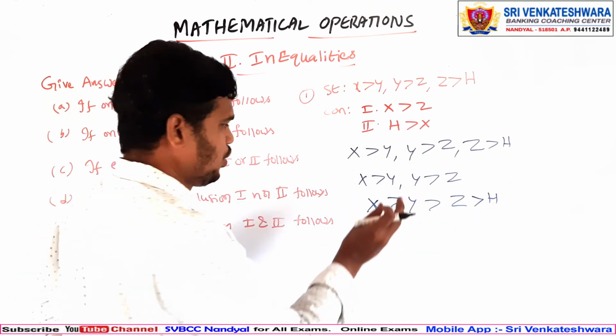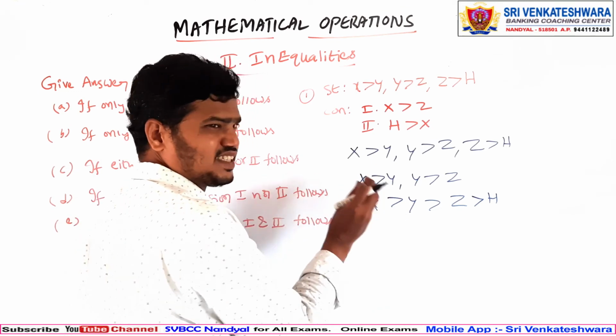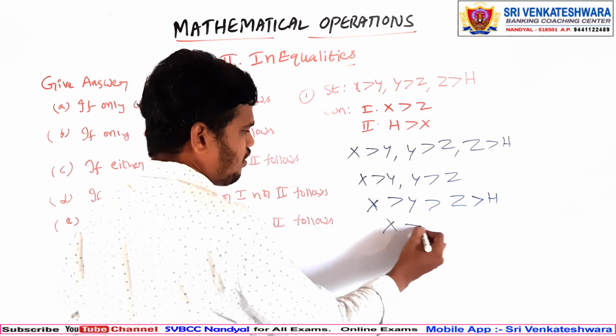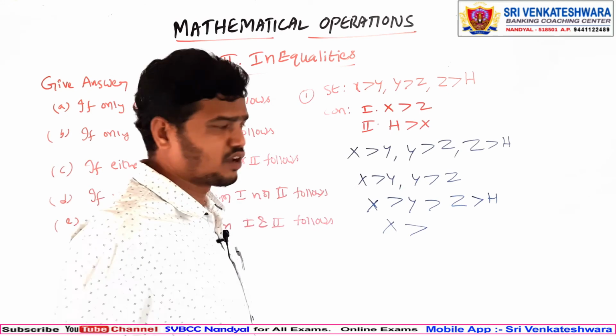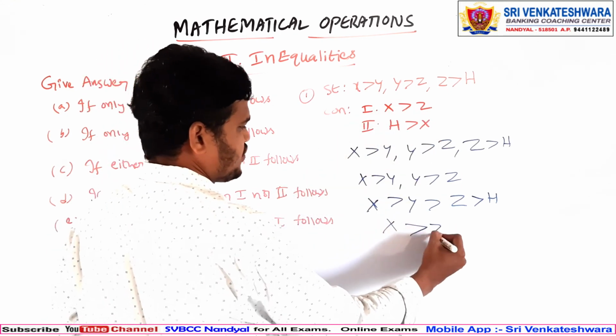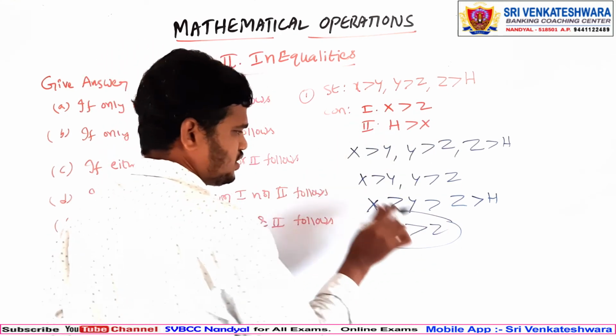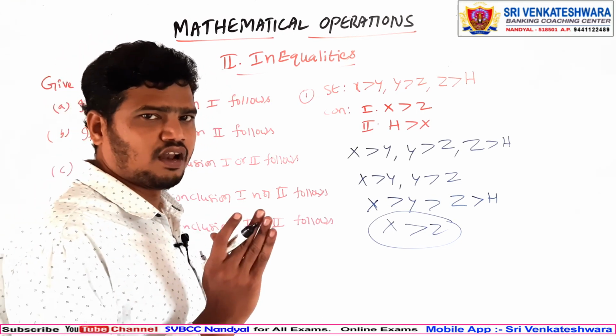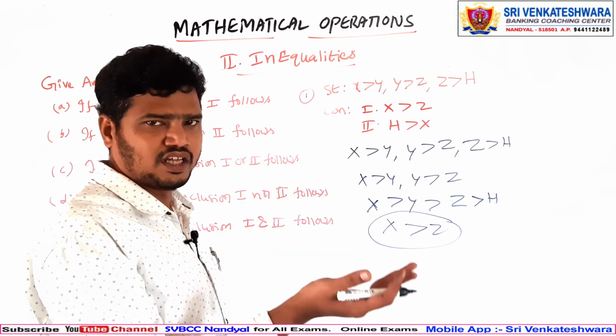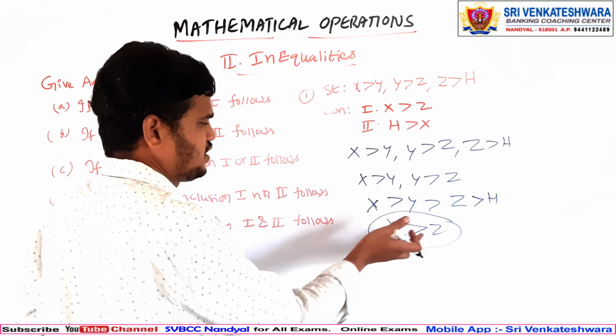So x is greater than z. Is this correct or not? This is correct because x is larger than all three other values.